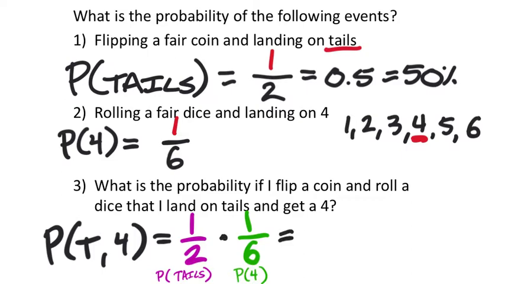Now, of course, you could type that into a calculator. I think this one's easy enough that we can do it directly, because in the numerators you'd have 1 times 1, which is 1. In the denominators, 2 times 6, which is 12. So this is 1 out of 12. And for this one, I'll go ahead and write the decimal for that. 1 divided by 12 in my calculator, and I get 0.083 repeating.